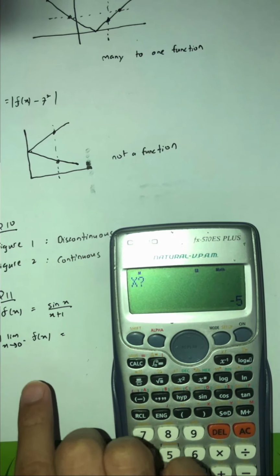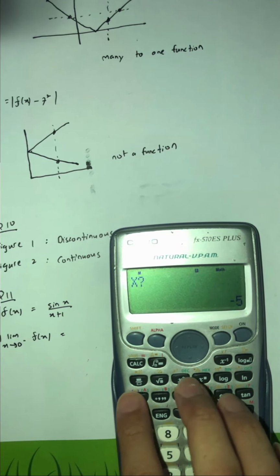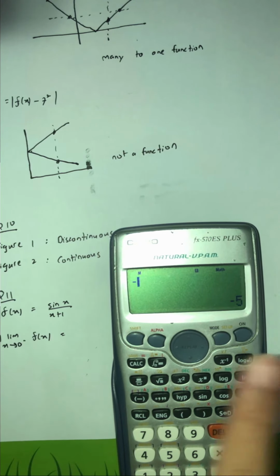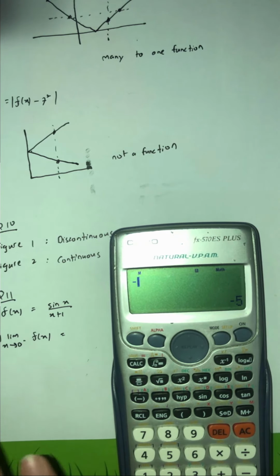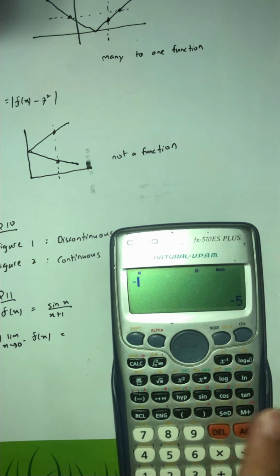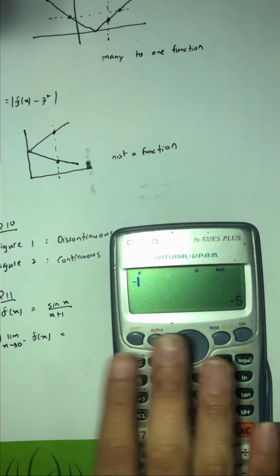So 0 from the left, let's start with, don't put extreme values like -10, right? Because the graph might not be shaped symmetrically, they might have curves, so don't put any extreme values, or you might have a different perception of what the limit is.